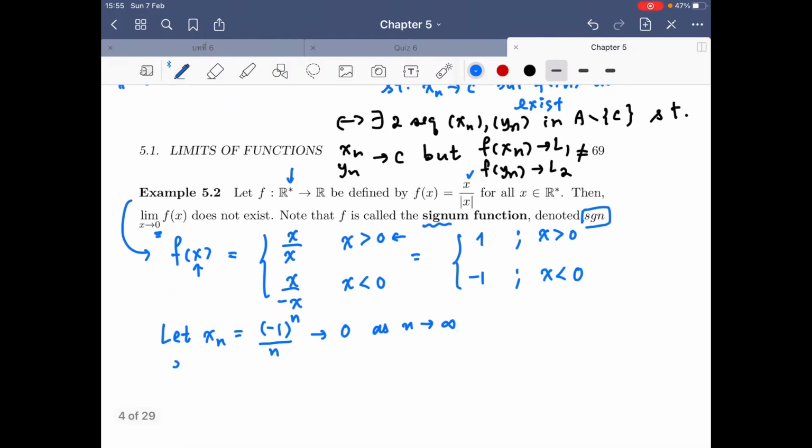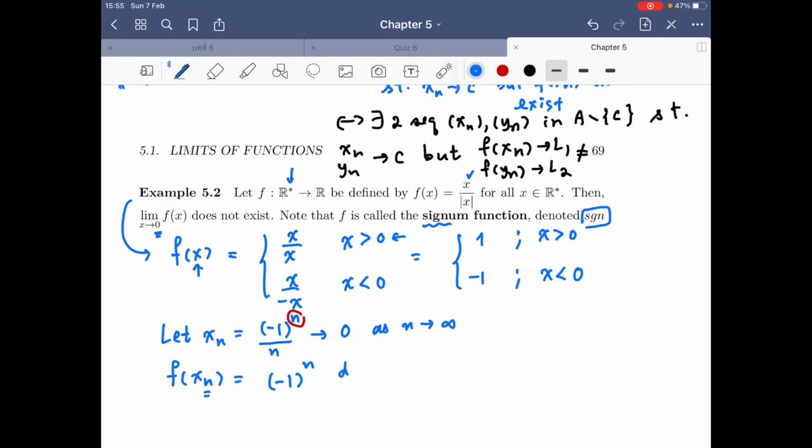However, if you look at f(x_n), as we said, it depends on the sign, so f(x_n) is actually negative 1 raised to the power n. Depending on whether n is even or odd, it will be either 1 or negative 1.